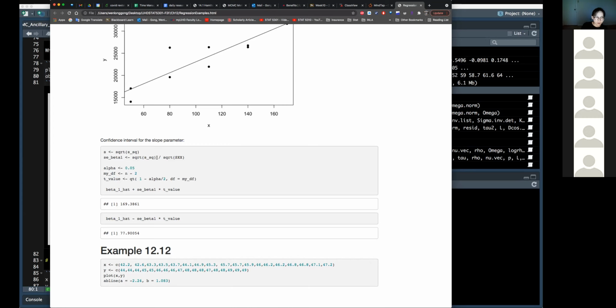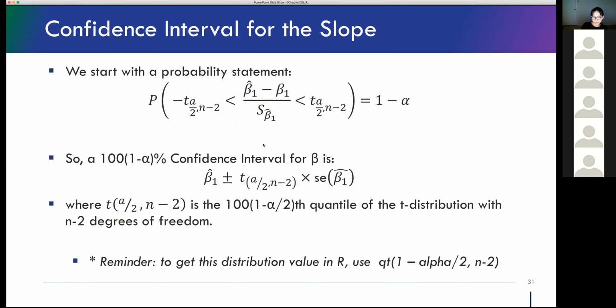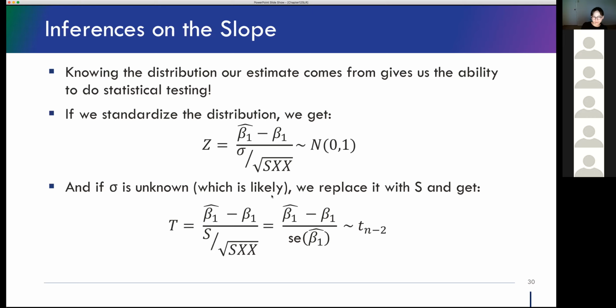This is how I manually calculate the standard error for your beta 1. The standard error for your beta 1 is this S divided by the square root of SXX.